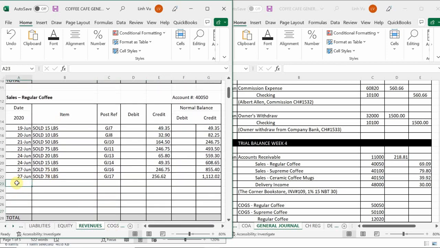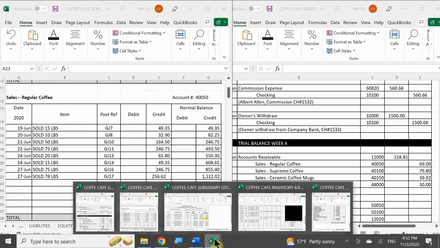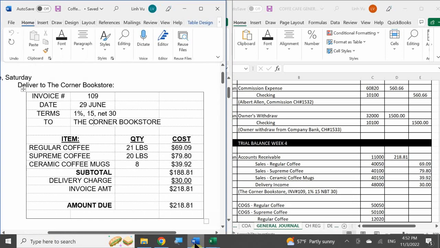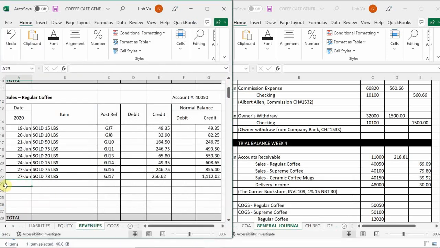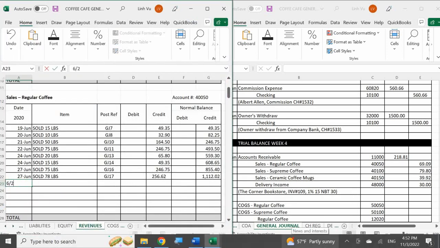Then we go to the revenues for regular coffee. How many pounds of regular coffee did we sell? I believe 21 pounds. So today's the 29th. Sold 21 pounds. Journal 20 for $69.09.